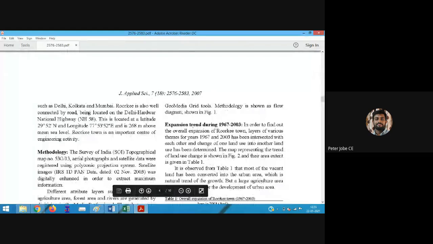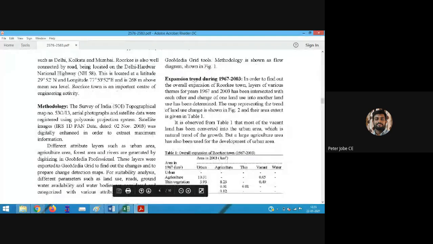So they've also studied the expansion trend that has happened during the term 1967-2003. So we need to find out the overall expansion of Roorkee Town. Layers of various themes for years 1967-2003 have been intersected with each other. So each layer will have a different theme.